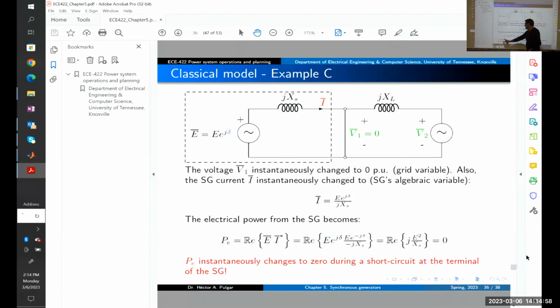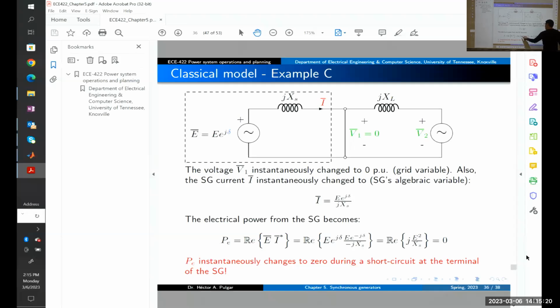The electrical power that comes out of the generator is voltage multiplied by this current conjugate. So we replace that here. And as you can see, the exponential of j delta gets canceled with the exponential of negative j delta, because this is the conjugate of the current. So these terms get canceled.